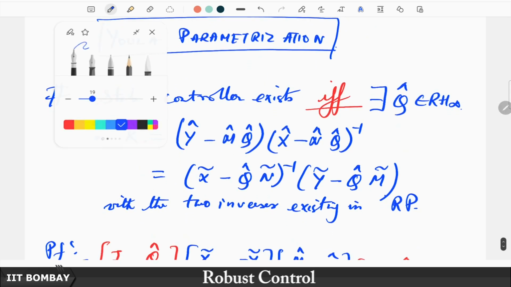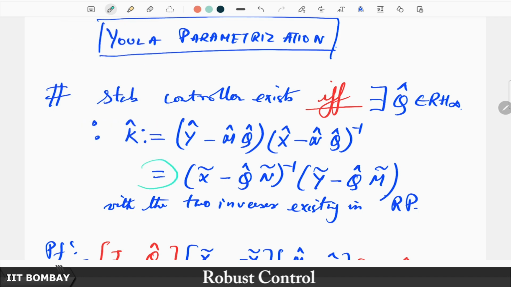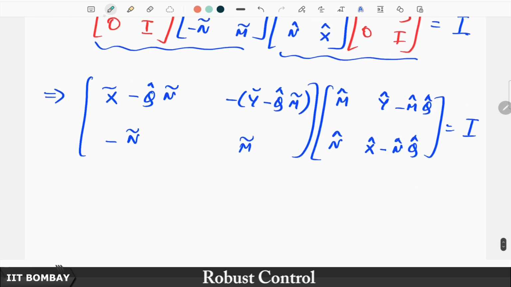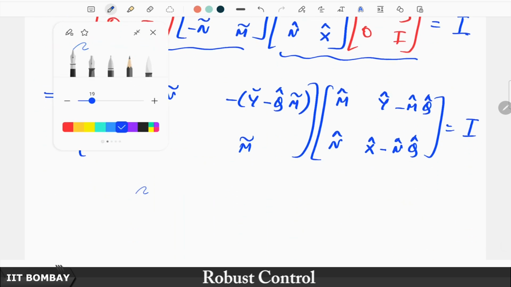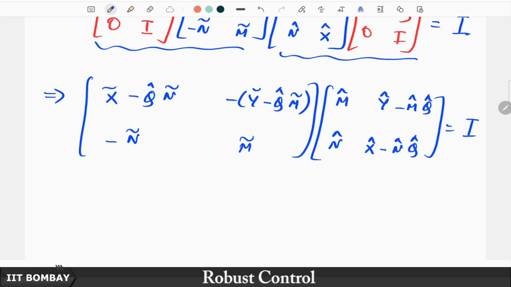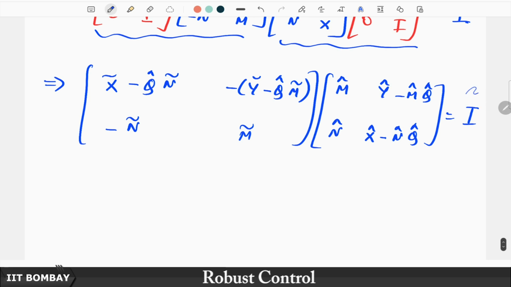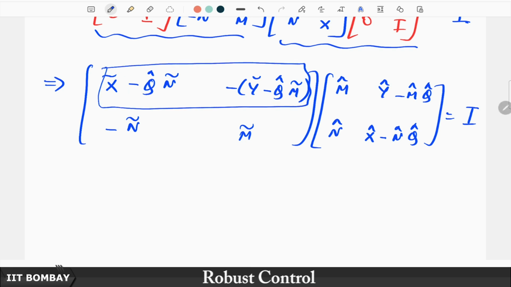Having come this far, in order to prove the second equality, what is the second equality I am talking about? Let me highlight that again. I am talking about this equality. In order to show this equality, I look at the 1-2 block, the top right hand corner, the northeast block of this matrix on both sides. On the right hand side, because of the identity, that block is going to be 0. On this side, it is this particular row multiplied with this particular column.